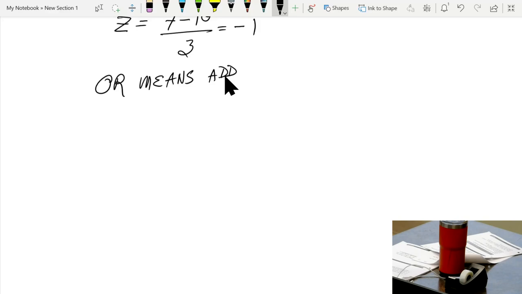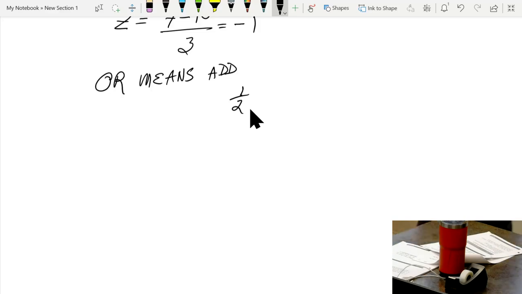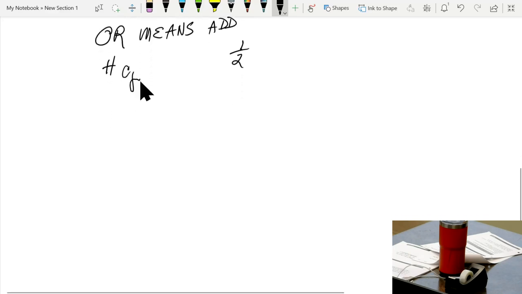What's the chance of getting a heads? 50%, 1/2. What's the chance of getting a 4 out of a deck of cards? How many 4s in the deck? 4. 4 4s. That works out. How many cards total? 52.